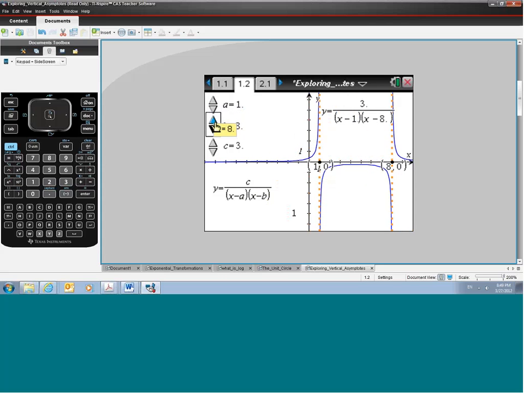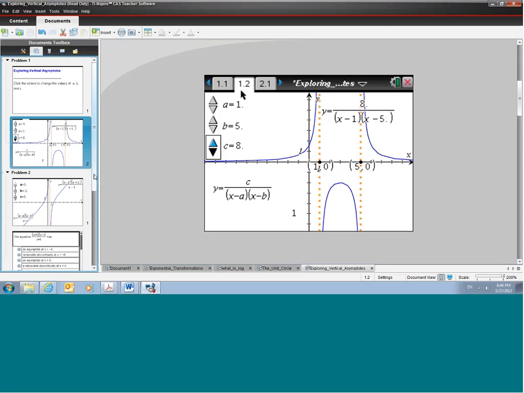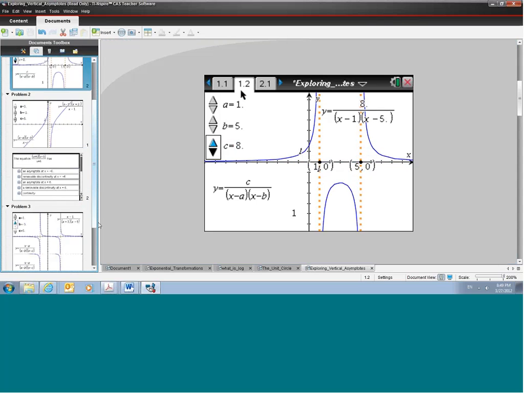Same thing for b. Changes the vertical asymptote, changes the vertical asymptote. How about c? C is going to do what? Changes the spread of the function in a sense.